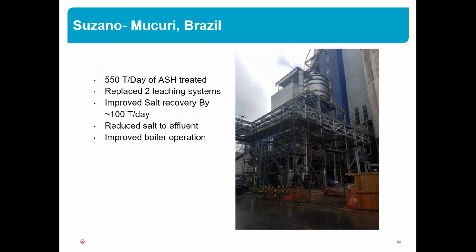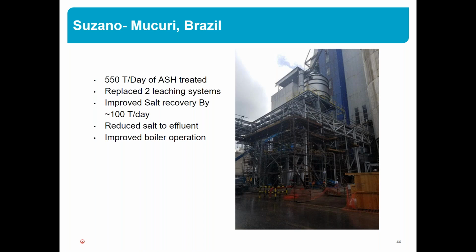So it was a very successful system from that standpoint. And then one of the newer, larger systems at Suzano Mucuri in Brazil is 550 tons a day. This system replaced 2 leaching systems. By doing that, we were able to remove their salt recovery by about 100 tons a day, which is a lot of salt to take out of the effluent treatment, and it's a lot less chemicals that they make up.